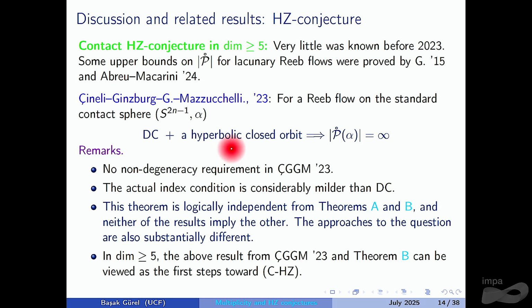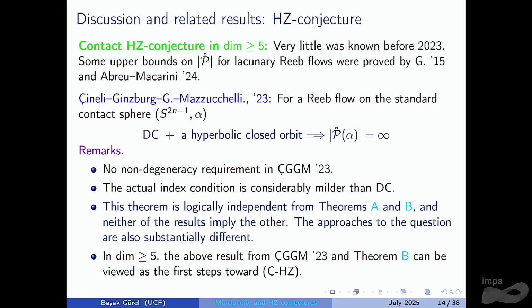So the theorem is that, together with Arman, Victor, and Marco, two years ago, we proved that on the standard contact sphere, if you assume again the dynamically convex case, if the Reeb flow has one hyperbolic closed orbit, then you in fact have infinitely many orbits.